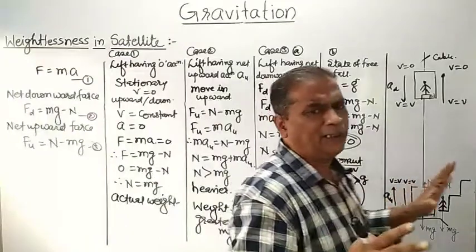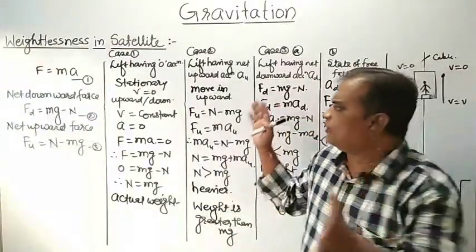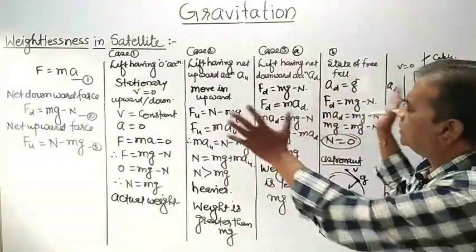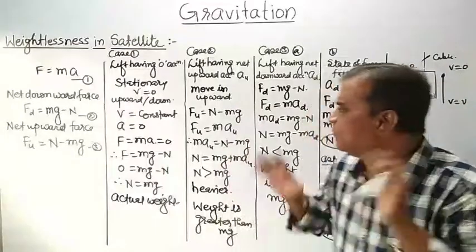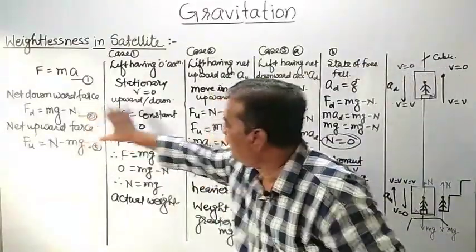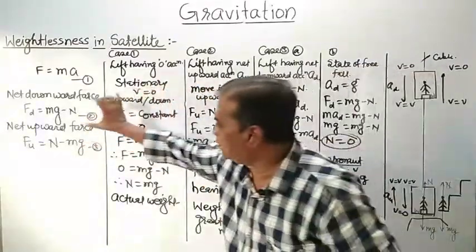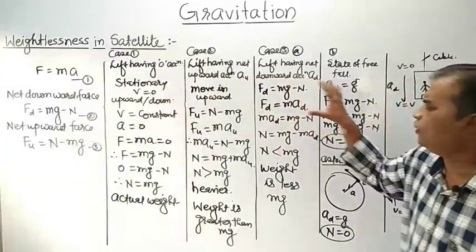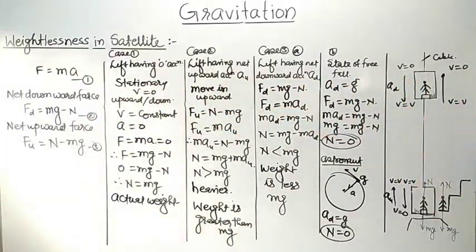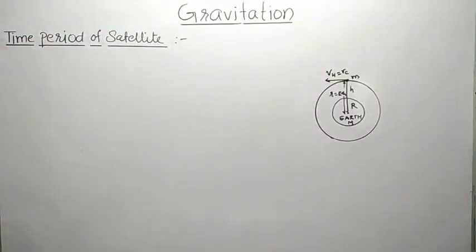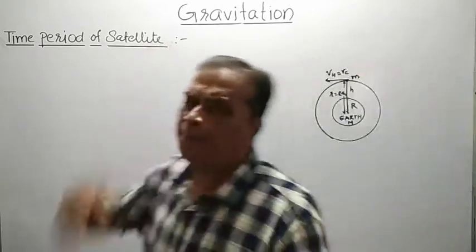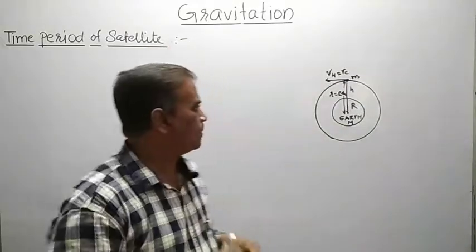So as far as possible in board examination, you should try to write the answer to such a question as briefly as possible with the help of maximum formulas. You simply discuss these formulas and the 4 cases one after the other. Now we will see what is the time period of orbiting of a satellite. Let us define it.